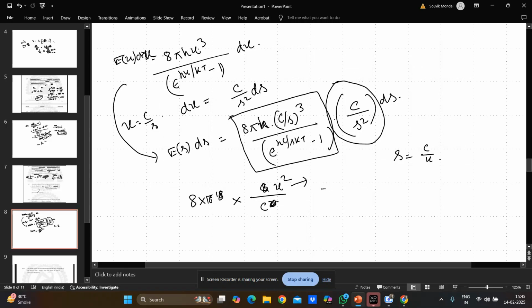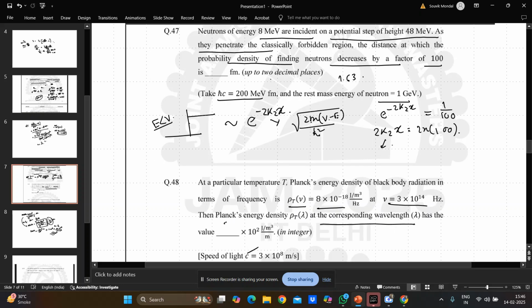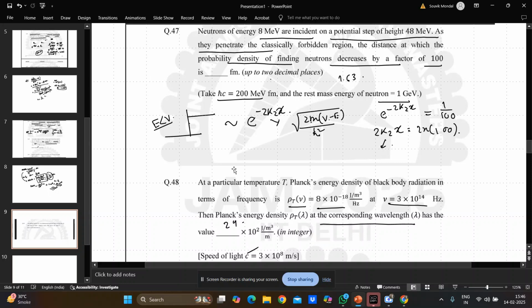So nu square is, let's calculate it, 8 into 10 to the power minus 18, 3 square 9 into 10 to the power 28 by 3 into 10 to the power 8. So if you simplify, it will come to 24 into 10 to the power 2. So your answer should be 24. So you should fill 24 here.